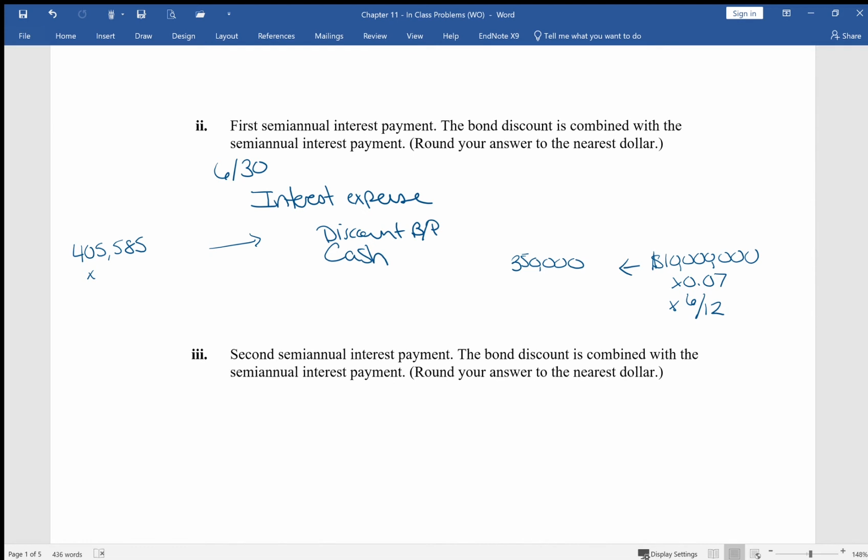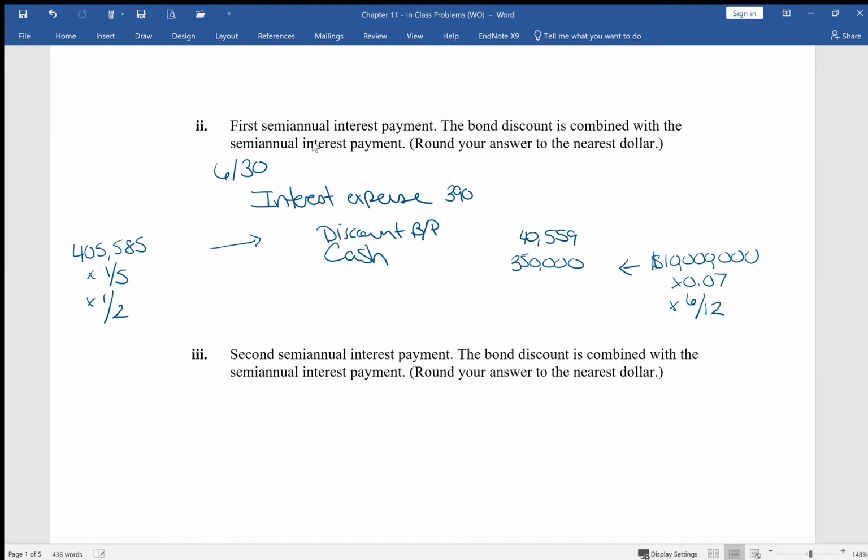So the time period is going to be 1/5. But once again, we're doing semi-annual payments, so we also need to do 6 divided by 12, which is the same as half of the year. So to get our discount, if we do that math, we get $40,559. And then our interest expense is just the combination of those two together.